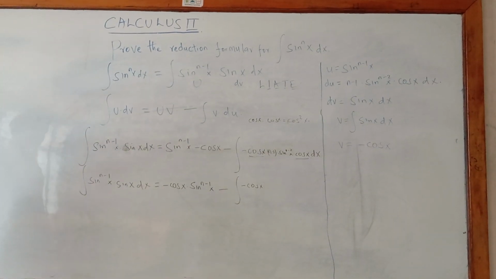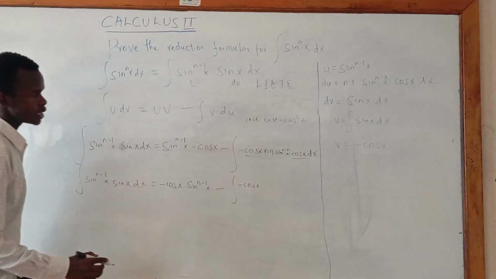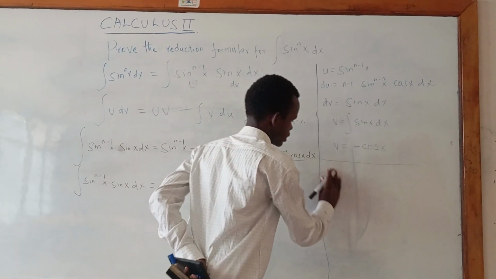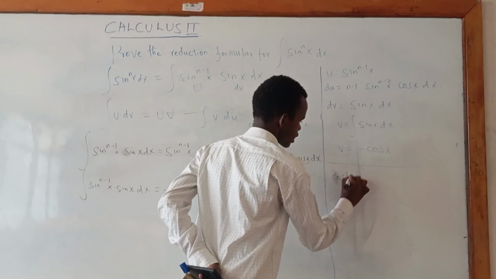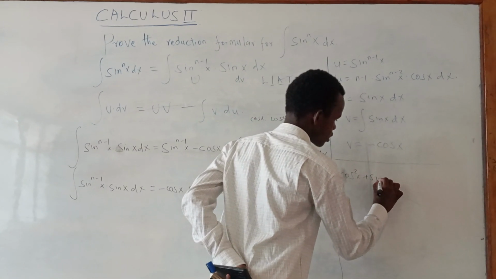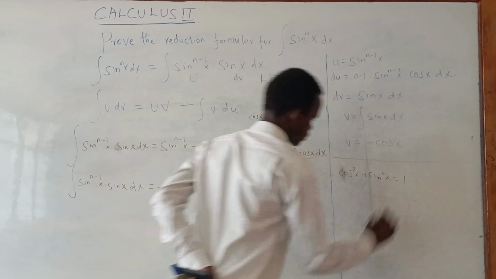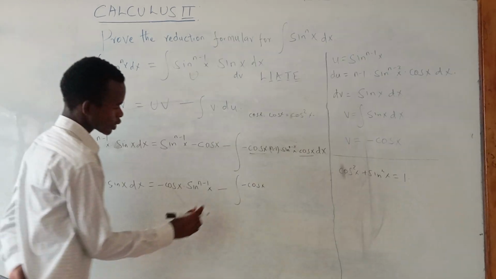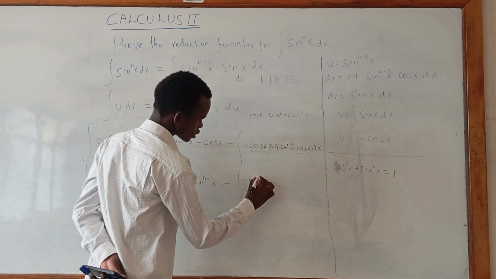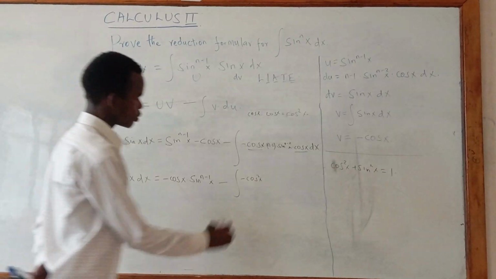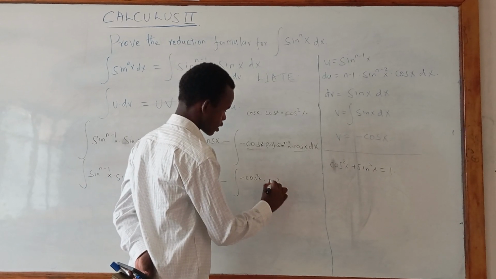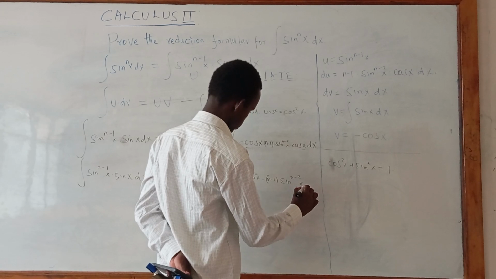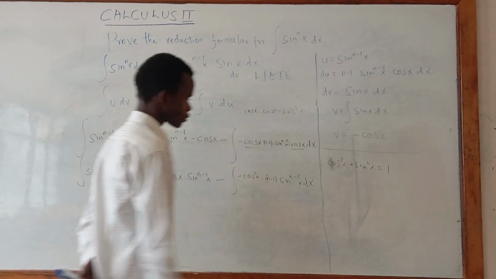We have a Pythagorean identity that says cos squared of x plus sine squared of x equals 1. So let me write here: negative cos squared multiplied by n minus 1 of sine to the n minus 2 of x dx.